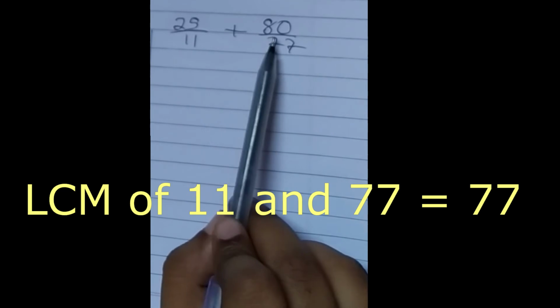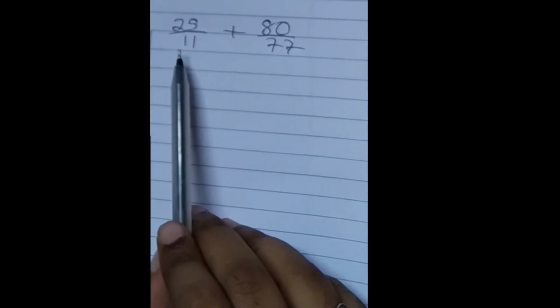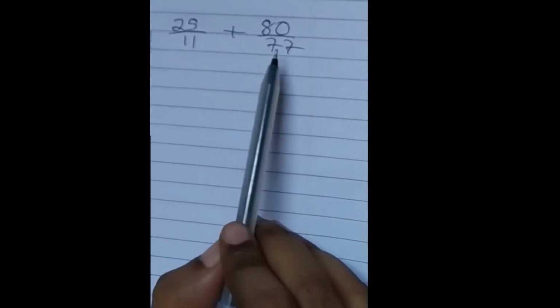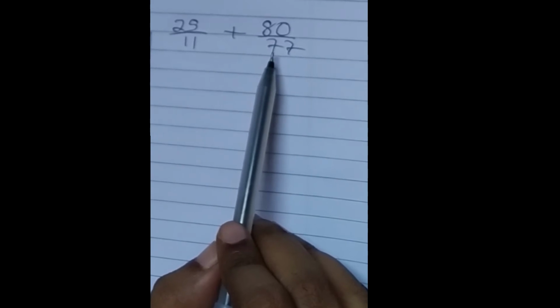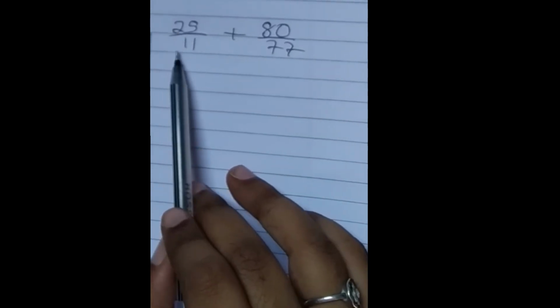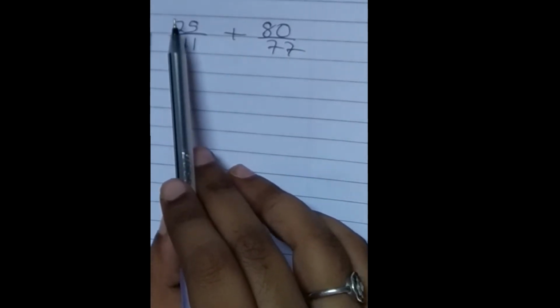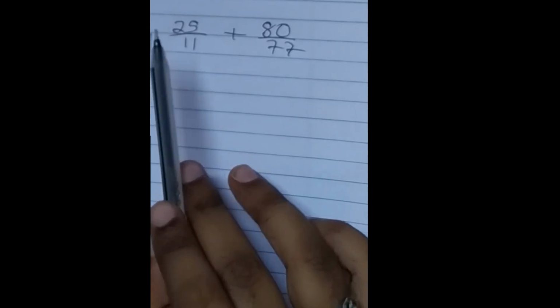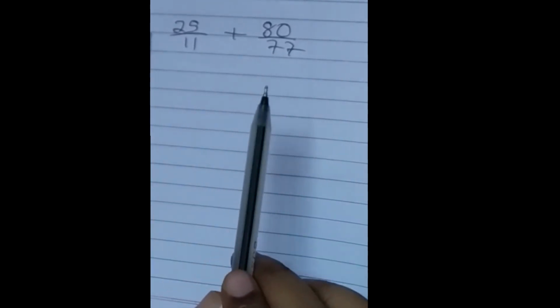Is there any relation? Now if we multiply 11 by 7, we will get 77, right? So instead of doing this problem by cross multiplication, we will simply multiply both numerator and denominator of the first fraction by 7. Then the denominator will be same and we can solve it easily.